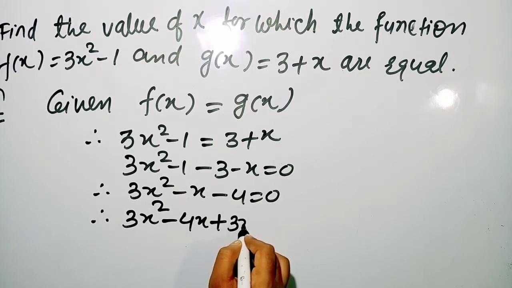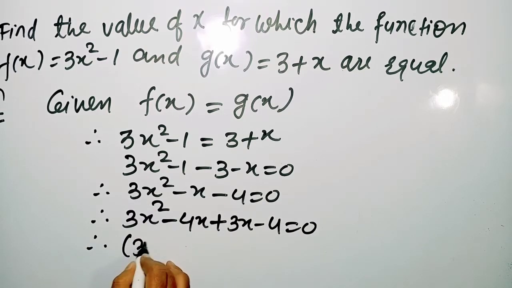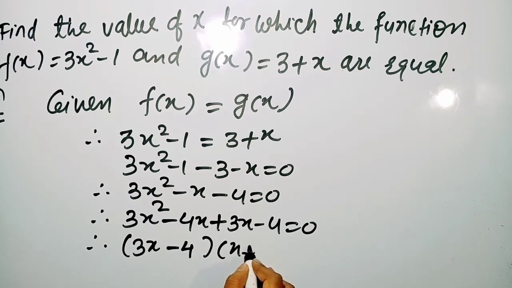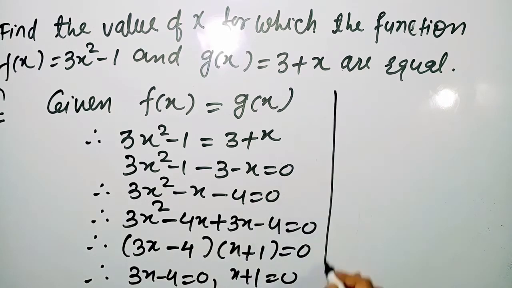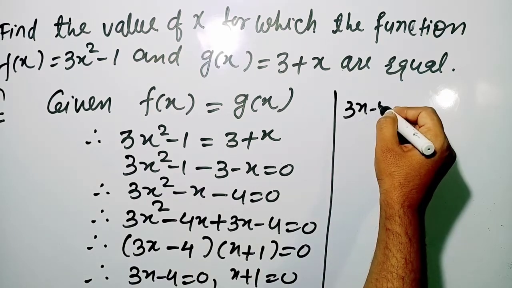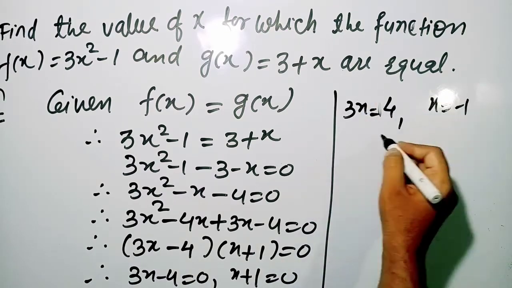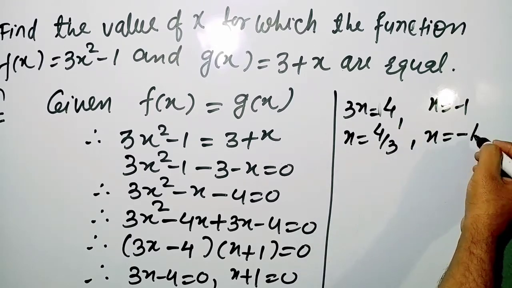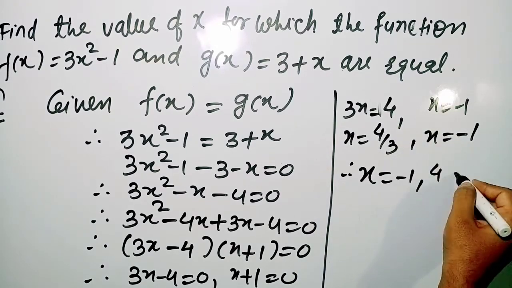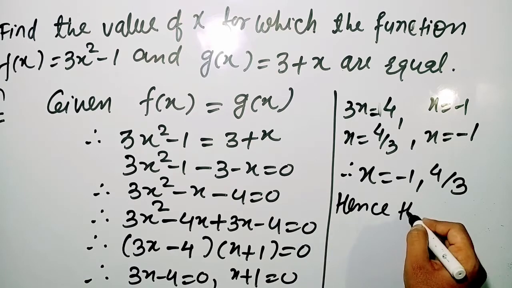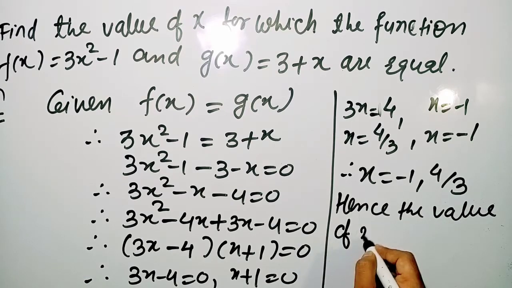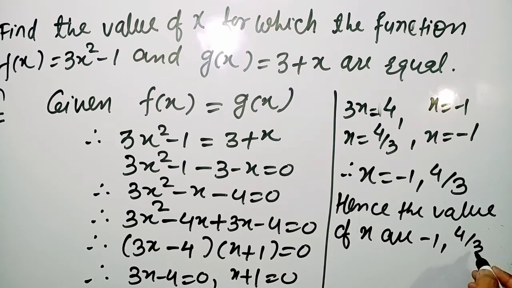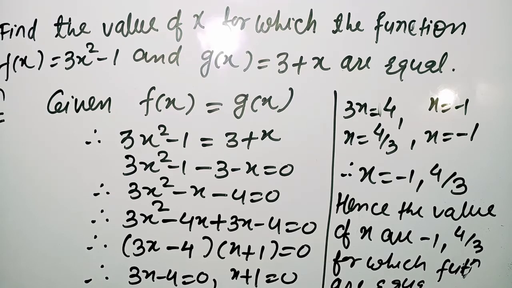By factorizing, what are we getting? (3x minus 4) and (x plus 1). So we will get x will be 4 by 3 and x will be minus 1. So students, these are the values of x for which the functions are equal. The values are minus 1 and 4 by 3.